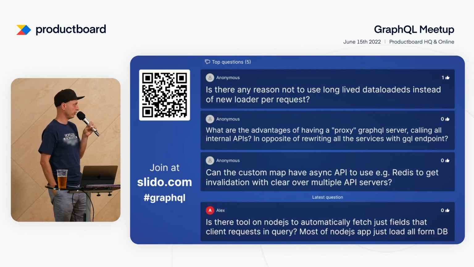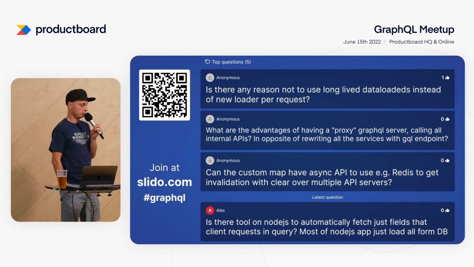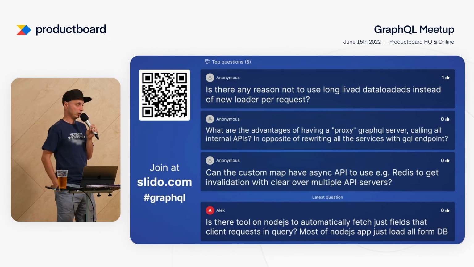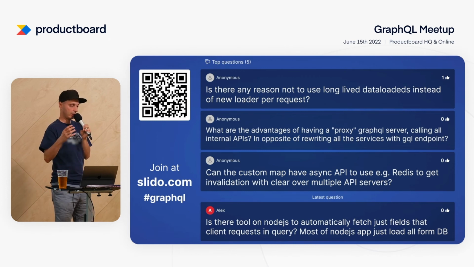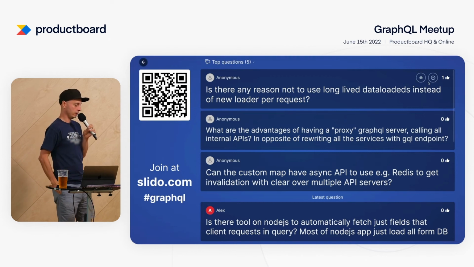So it's much safer, and also much simpler, to create data loaders per request. But if you don't need to deal with that, it totally makes sense to have long-lived data loaders or even inject some, let's say, Redis check before you call your internal API. That should be in the resolver.